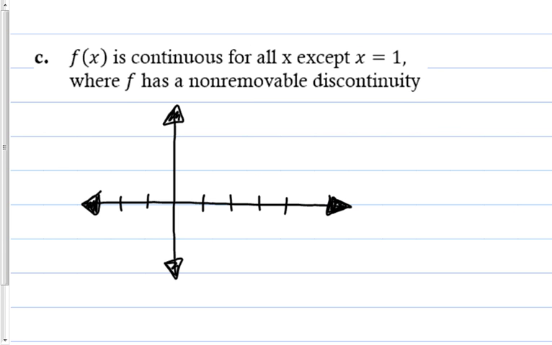Okay, C, f of x is continuous for all x except x equals 1. So at x equals 1, something's happening. Where f has a non-removable discontinuity.